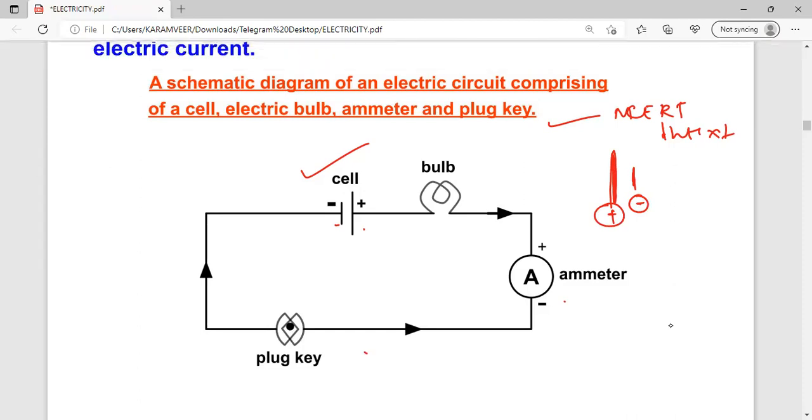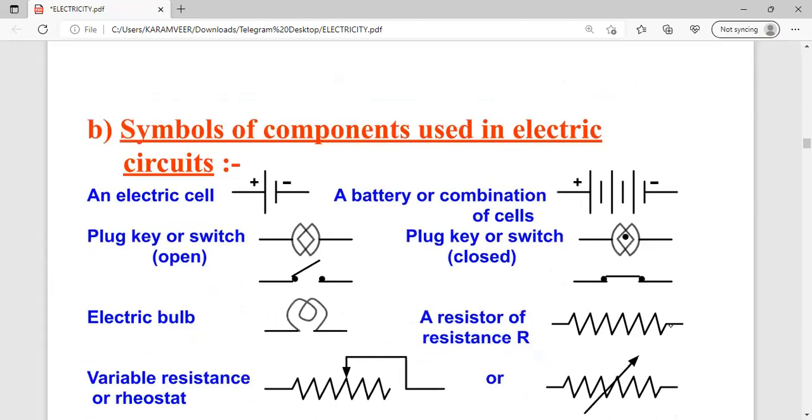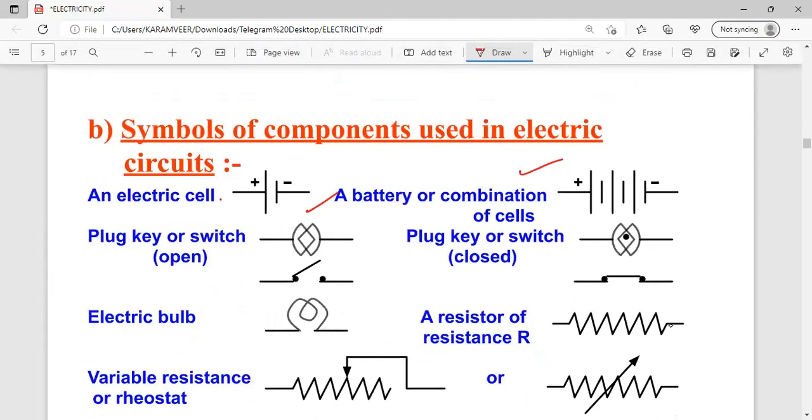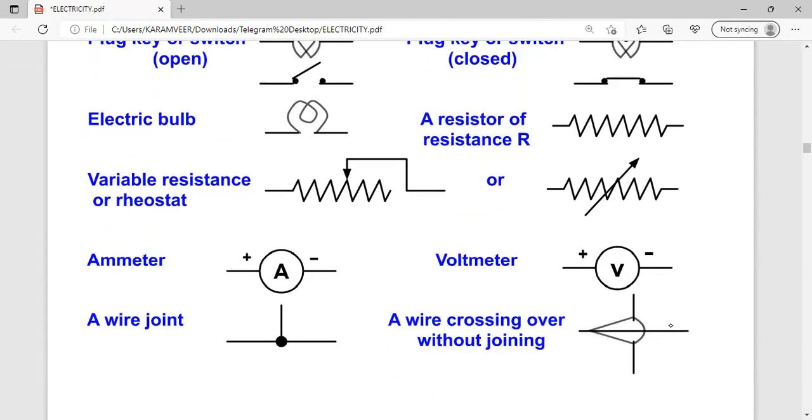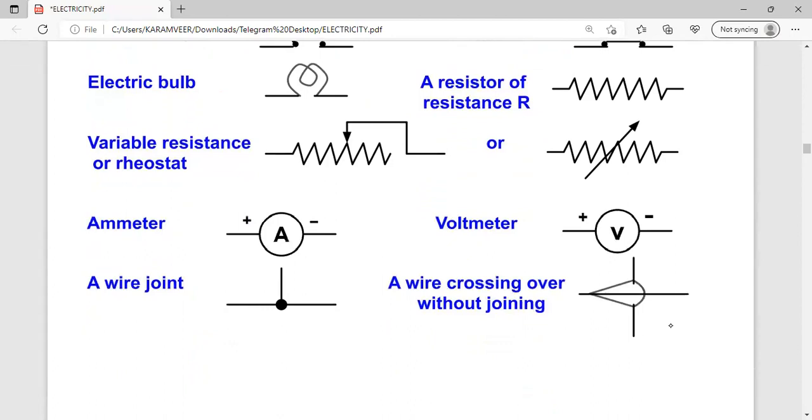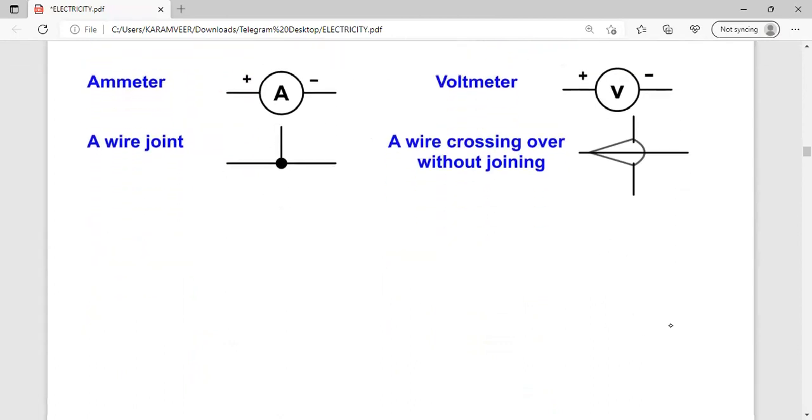Bulb, ammeter, plug key, symbols, electric cell, battery. When one cell is joined with another cell, it is called a battery or combination of cells. Switch, plug open key, switch open key, electric bulb, resistor. Already you have done ammeter, voltmeter, wire joint, wire crossing the circuit.